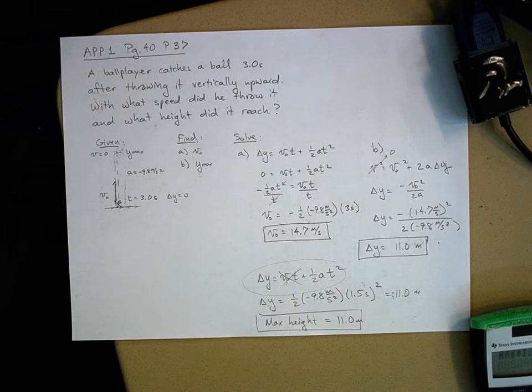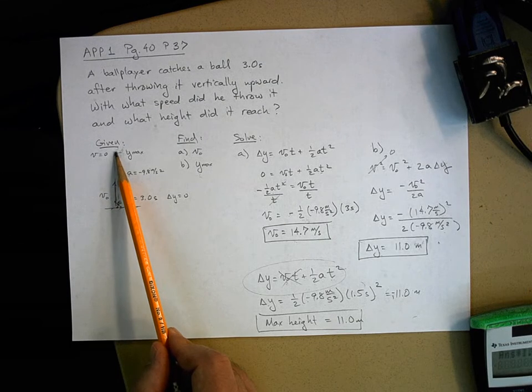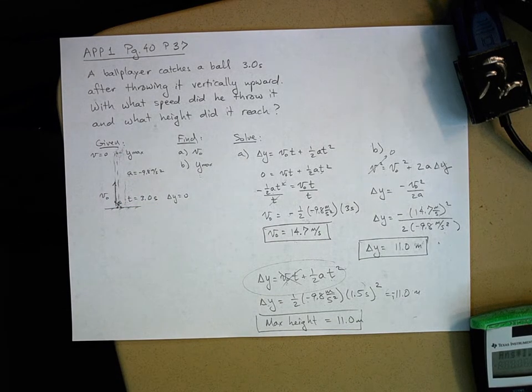If you assume that the velocity is 0 here, you can do that to figure out the initial velocity as well. But I don't want to take the time to do that because this has been going on for 10 minutes now. Any questions? Okay, that is all.